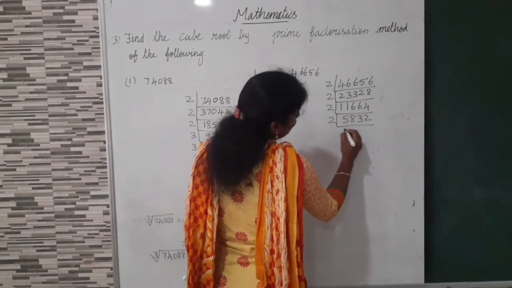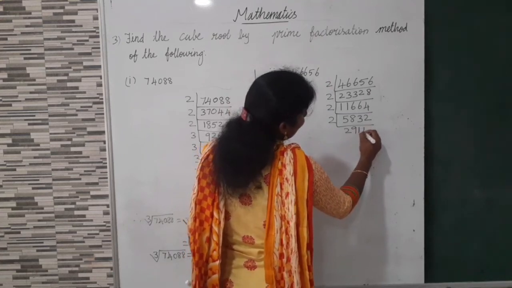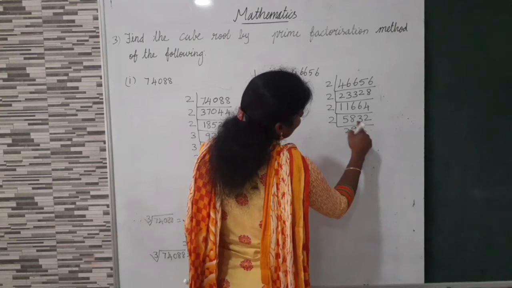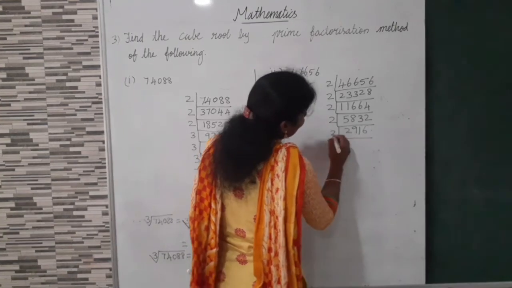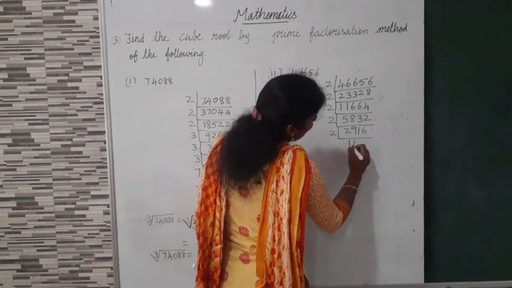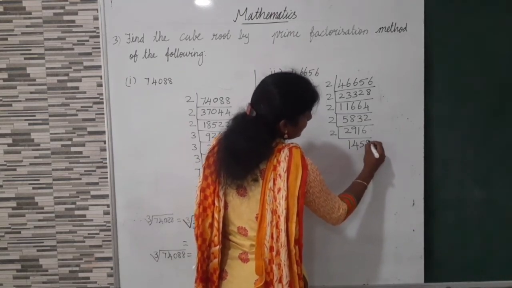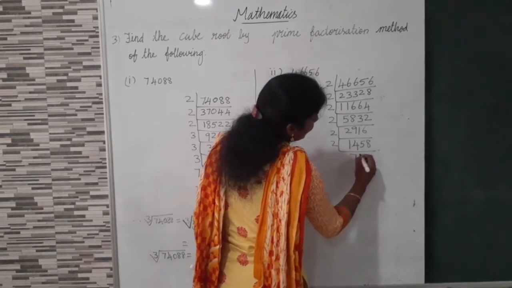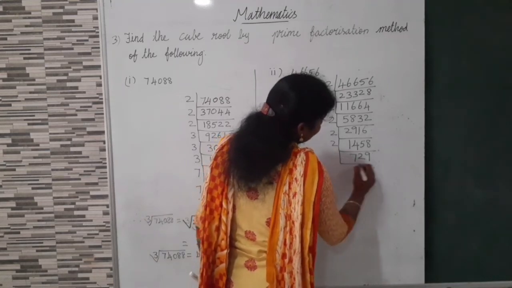Then 2 table, 2 2s are 4, 9 2s are 18, 1 2 is 2, 6 2s are 12, isn't it? 1 2 is 2, 1 balance 12, 6 2s are 12. Then 2 table, 1 2 is 2, 4 2s are 8, 1 balance, 5 2s are 10, 8 2s are 16. Then 2 table, 7 2s are 14, 2 2s are 4, 9 2s are 18.